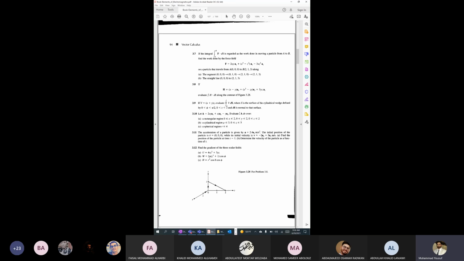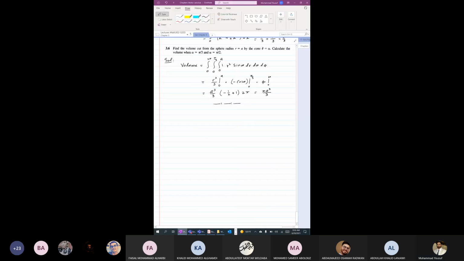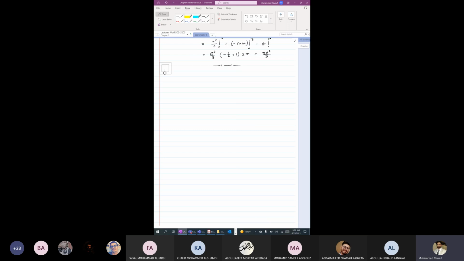In part 1, we have two paths, from 0, 0, 0 to 0, 1, 0, and then from 2, 1, 0 to 2, 1, 3. In the second, we have just 0, 0, 0 up to 2, 1, 3. Similarly, question number 3.8 is similar to this. Now let me show you this one.